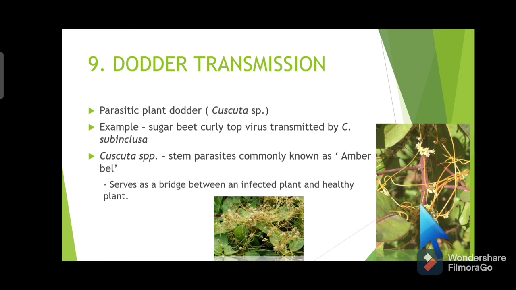So when a healthy plant and an infected plant are nearby, this parasitic dodder plant serves as a bridge for the virus, and the virus from the infected plant can be transmitted through this dodder parasitic plant.